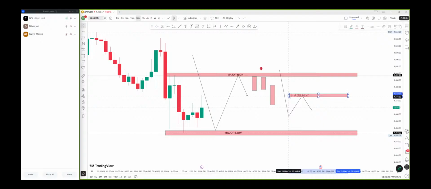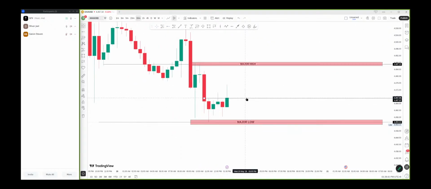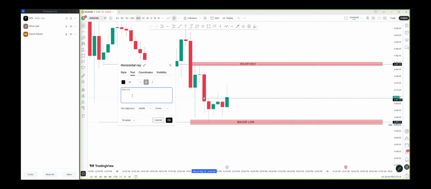So what's the difference between major highs and minor highs? As we understand, we took our major high and major lows from the hour 4 structure. Our minor highs and minor lows will be based on the 15-minute time frame or even the 30-minute time frame. That will be usually your no trading zone.